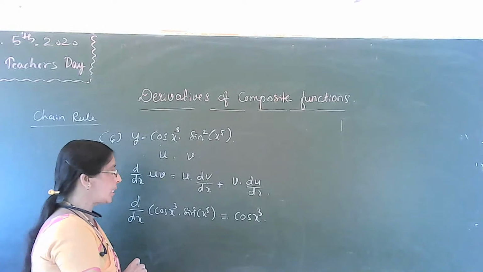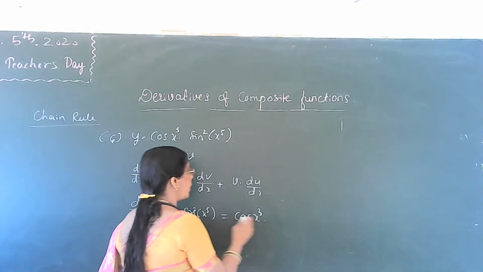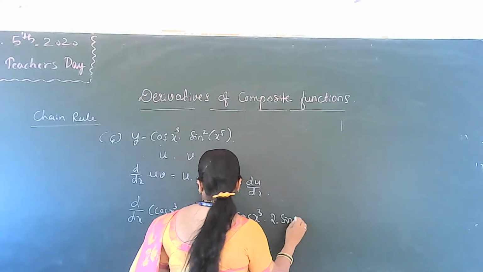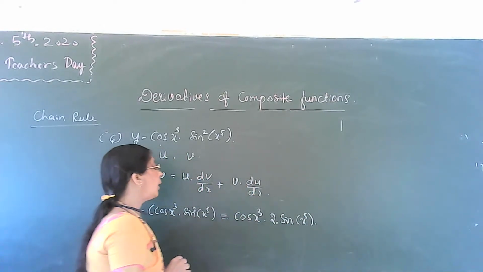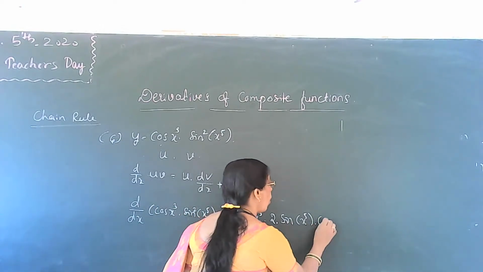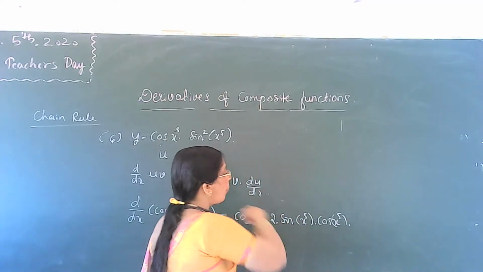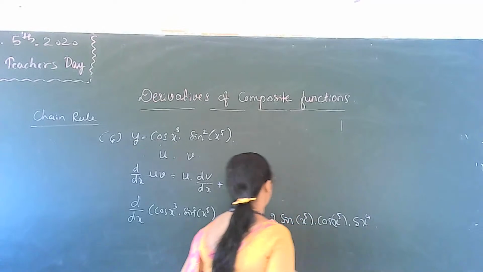Then find the derivative of sin square x to the power 5. Sin square x to the power 5 is 2 into sin x to the power 5 into the derivative of sin x to the power 5, which is cos x to the power 5, and the derivative of x to the power 5 is 5 into x to the power 4.